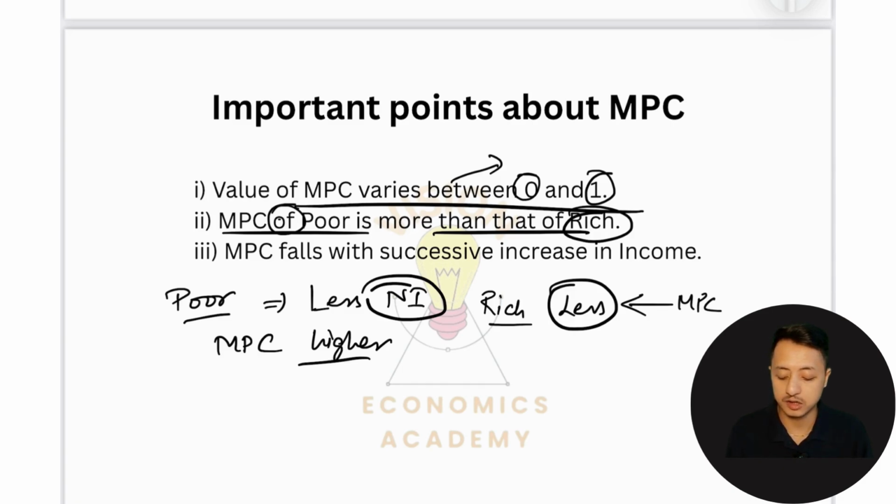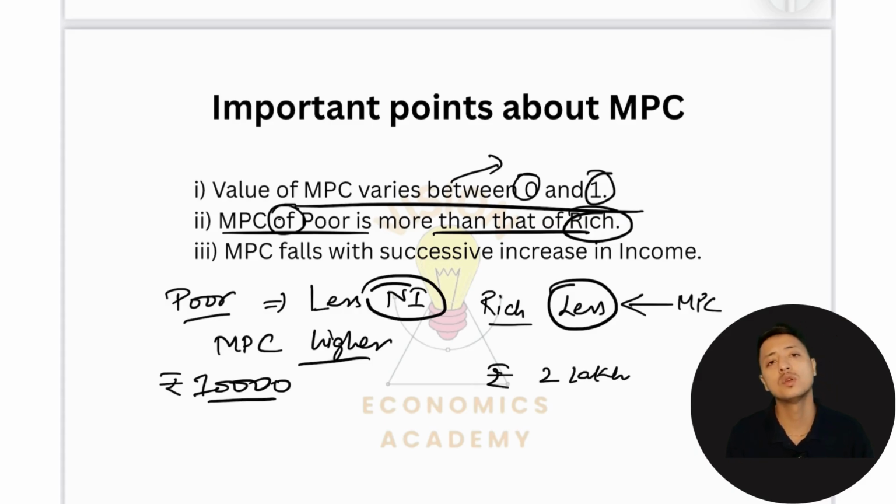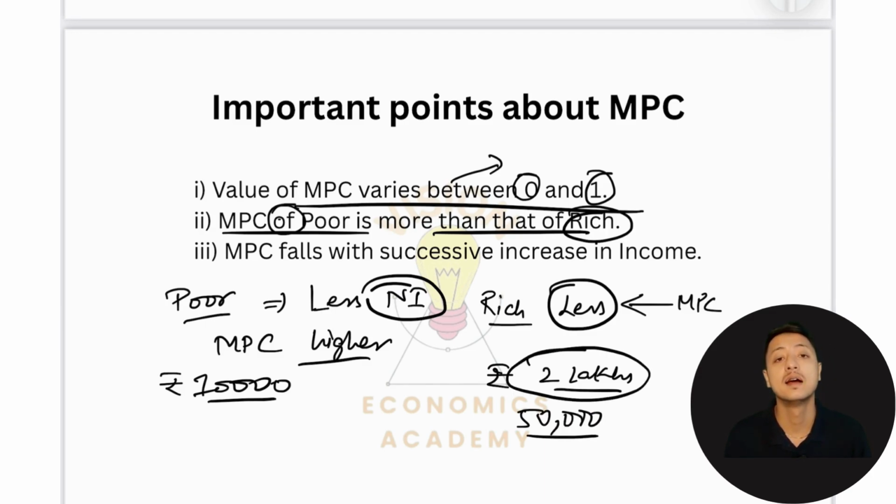Suppose you're earning 10,000 a month, right? So in today's world, for your daily sustenance, you would be at least consuming full 10,000 or even more than that. Suppose your income is 2 lakhs. Okay, your consumption will be obviously more, 50,000, but still the proportion of your total income is less.